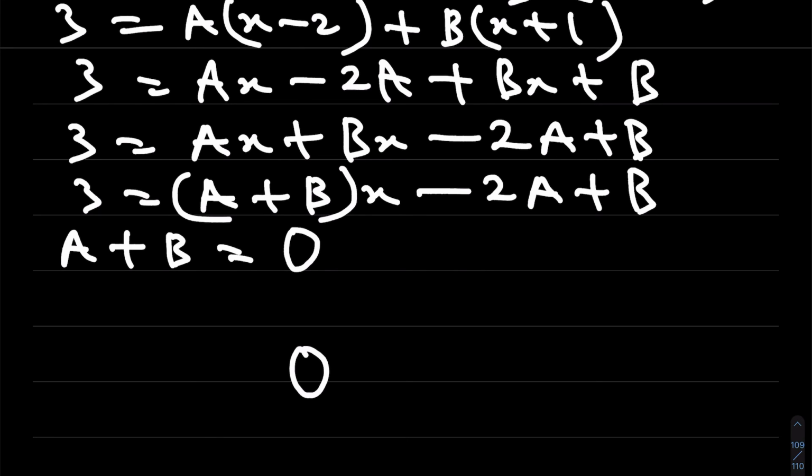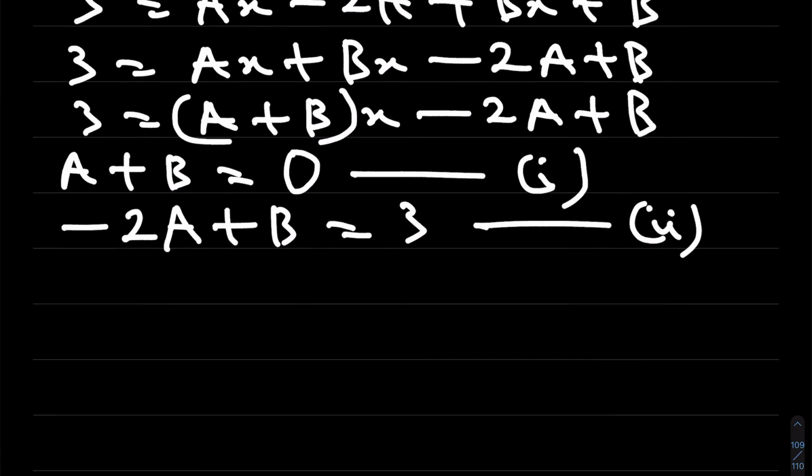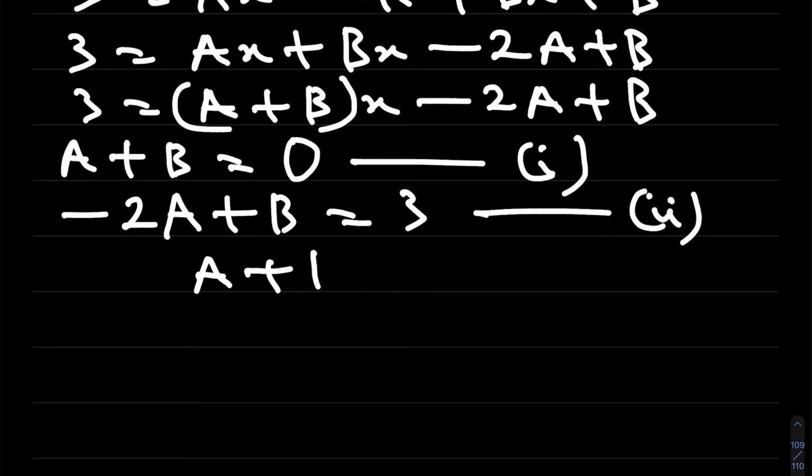That's equation 1. Comparing the constants, the constant on the right hand side is minus 2A plus B, and on the left hand side is 3. So that's equation 2. Now I'm going to solve the two equations simultaneously.